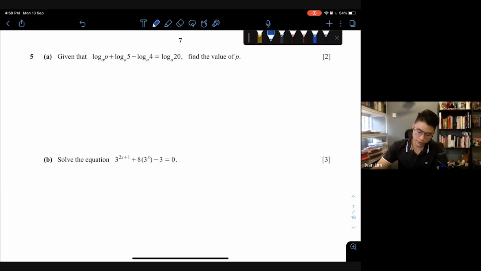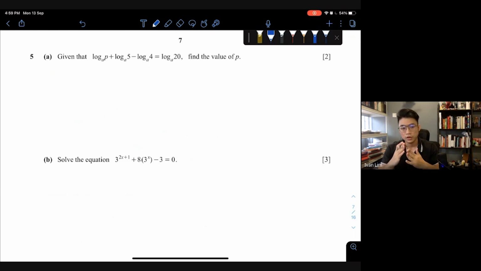Given that log a P plus log a 5 minus log a 4 equals log a 20, find the value of P. So, how do we do this? Whenever you see everything here, there's something that's common, which is log a. We want to have one big log a at the left-hand side, one big log a at the right-hand side. Then we can just compare the arguments.